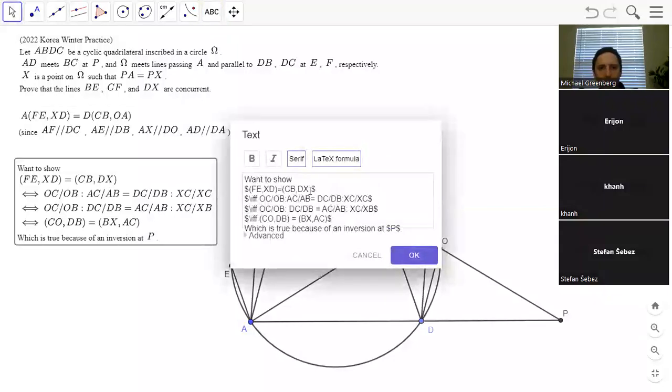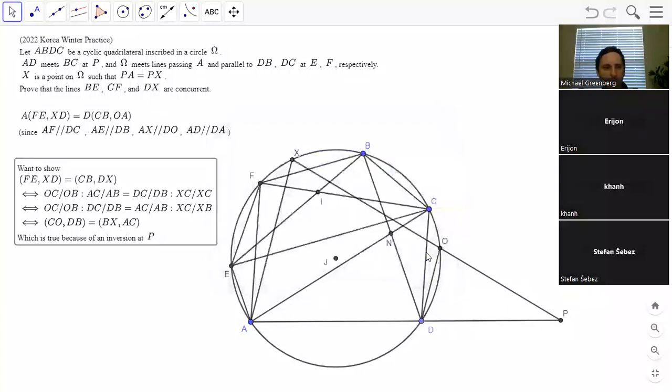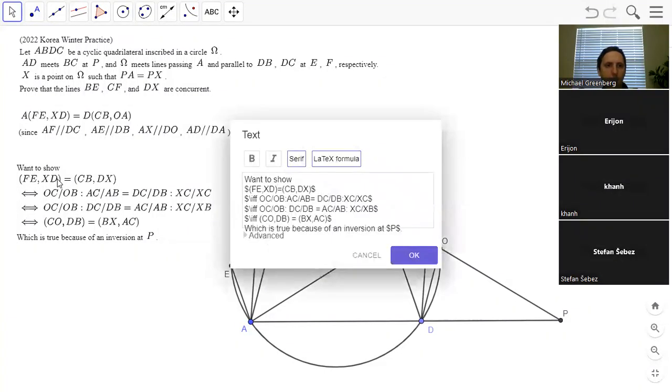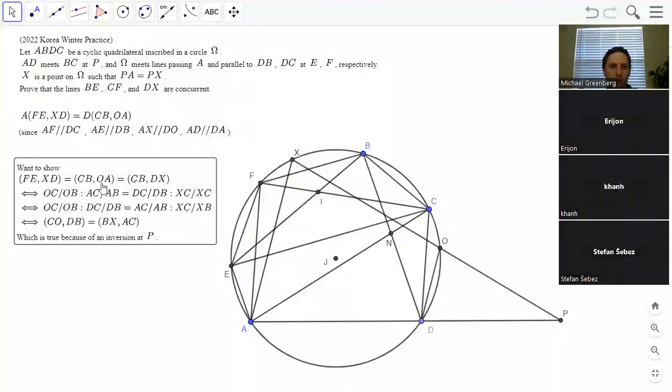Should I change this to OA? Well, no, it is CBDX equal to CBOA. We want to show that CBOA equals CBDX. Okay, I see what you're saying. So we know these are true, and then these are equal to these two.